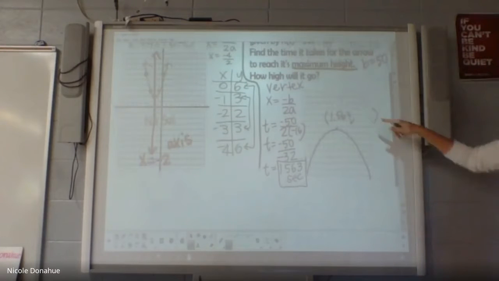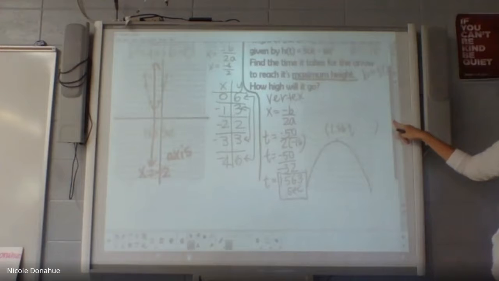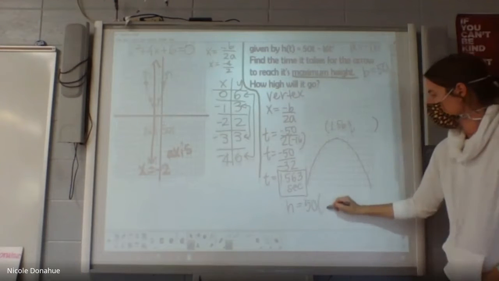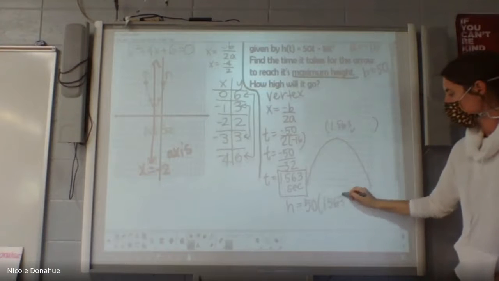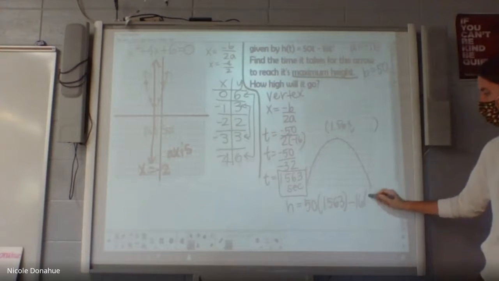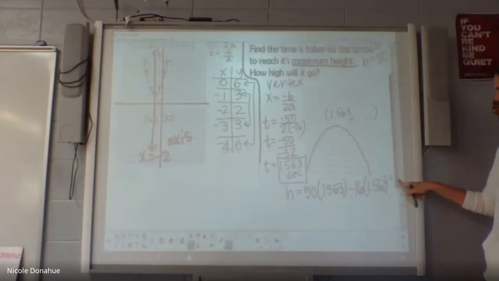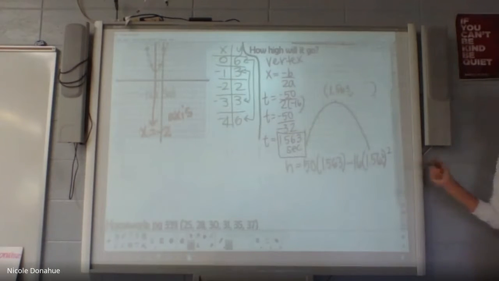We're going to take the 1.563 and put it back into that equation. We follow our order of operations, so we have to square before we multiply. Thank goodness for a calculator, because we don't want to do this in our heads.